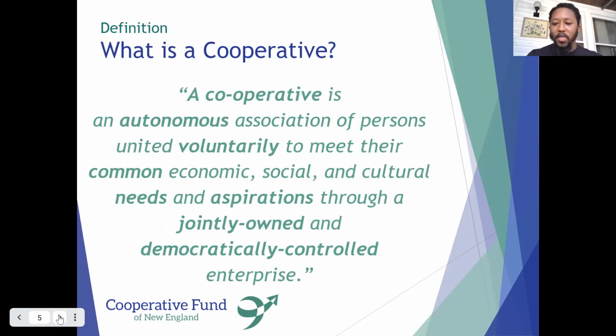So let's start with the basics. What is a cooperative? We're thinking of a cooperative as defined in the ICA document as an autonomous association of persons united voluntarily to meet their common economic, social, and cultural needs and aspirations through a jointly owned, democratically controlled enterprise.